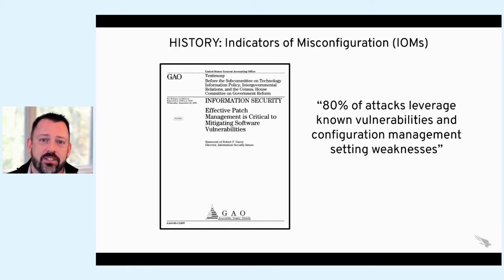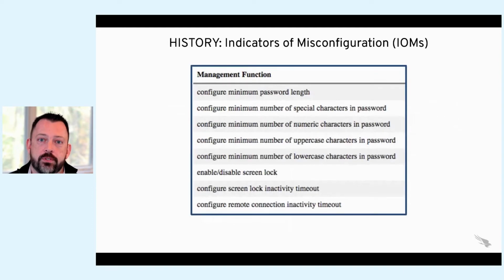Common misconfigurations accounted for approximately 80% of the breaches in the US government. So things like not turning on encryption or having telnet running. So wouldn't it be nice if we could just automate the evaluation of these misconfigurations? And that began the saga or the journey towards indicators of misconfigurations, or you might hear them called IOMs.